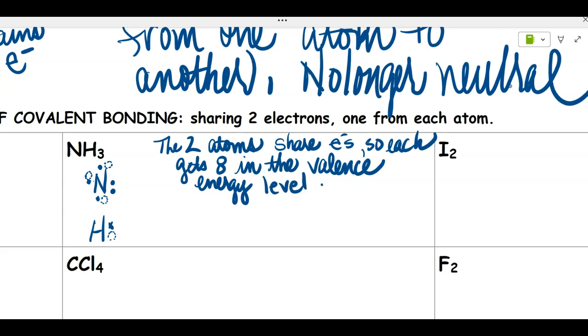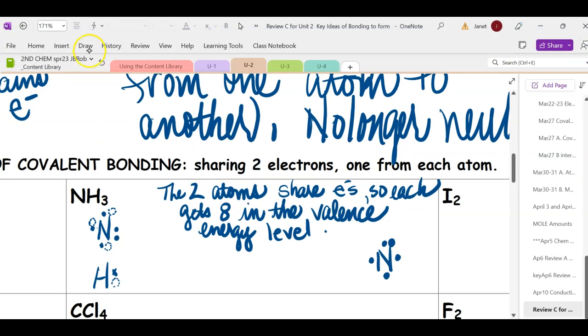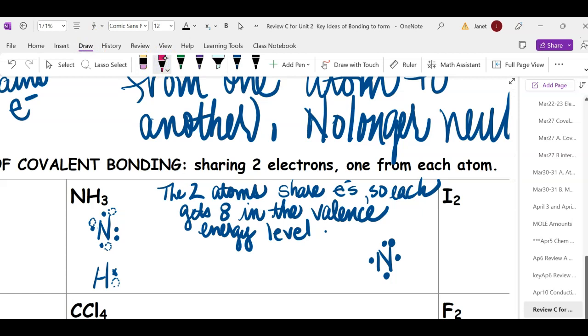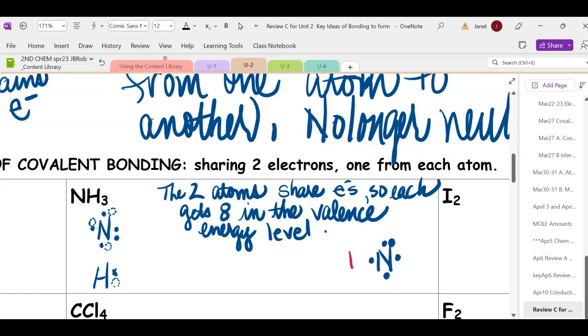So here we have nitrogen with its 1, 2, 3, 4, 5 electrons, and it has those vacancies. Hydrogen has 1, and another hydrogen could bring its 1, and another hydrogen its 1.